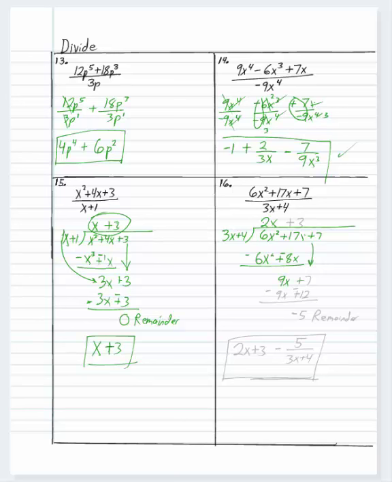Now I'll bring down the next number, 7. Now 3 goes into 9 3 times. 3 times 3x is going to be 9x. 3 times 4 is 12. Again, I'll change the signs to negatives. And what we get is 7 minus 12, which is negative 5 for our remainder. So our answer becomes 2x plus 3 minus 5 over 3x plus 4.